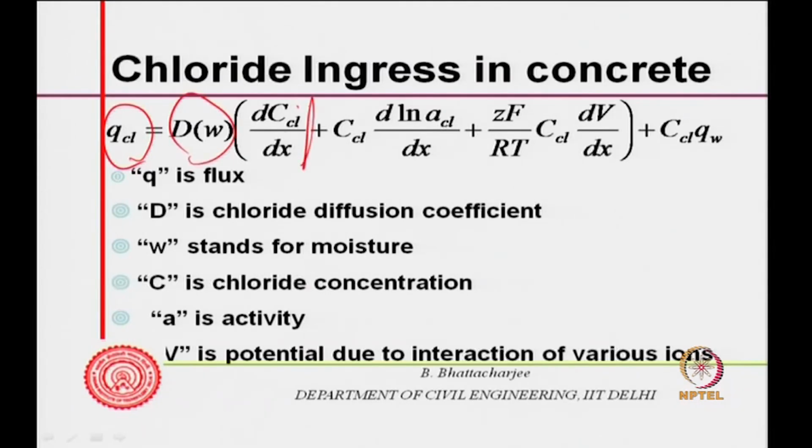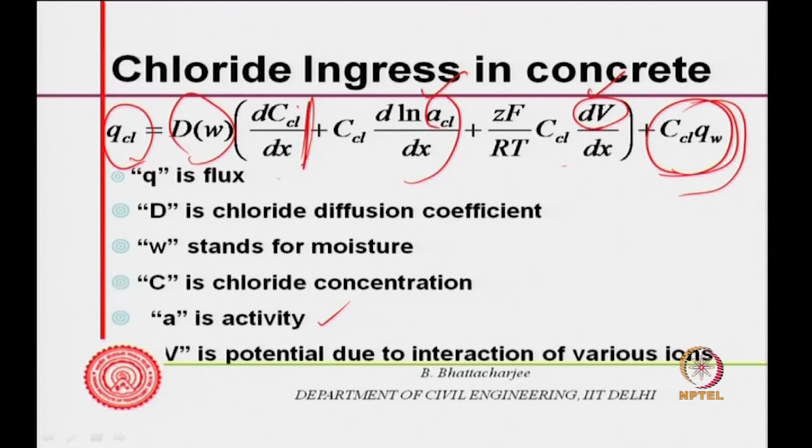This is under a concentration gradient, this could be under activation, because a reaction might be taking place, and if an external potential is applied, migration can occur. So, migration potential, activation potential, reaction, and this is due to water suction, the capillary suction or solution flux.